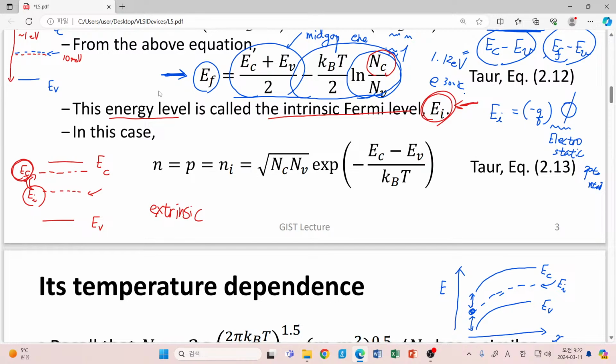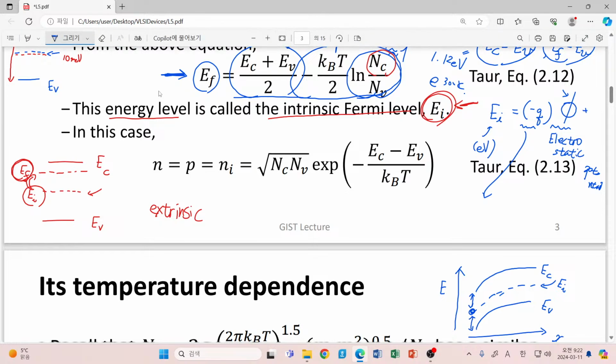So this is voltage and this is energy. E sub I is really the intrinsic Fermi level, so this is in electron volt units, and potential is in volt units, so we must convert from one quantity to the other. And here we have just the charge of our electron, the elementary charge. So this is the relation, and there is nothing more.